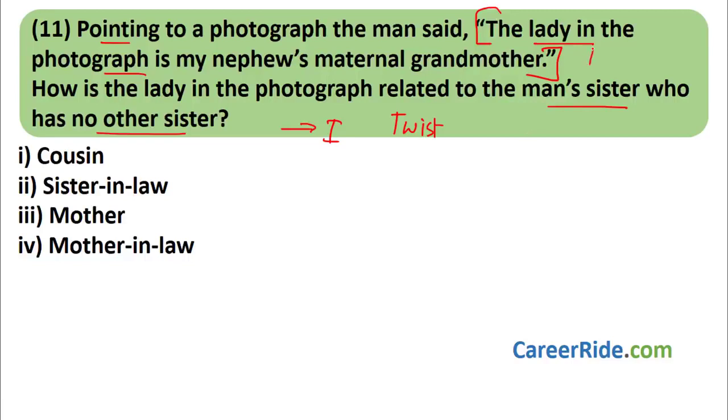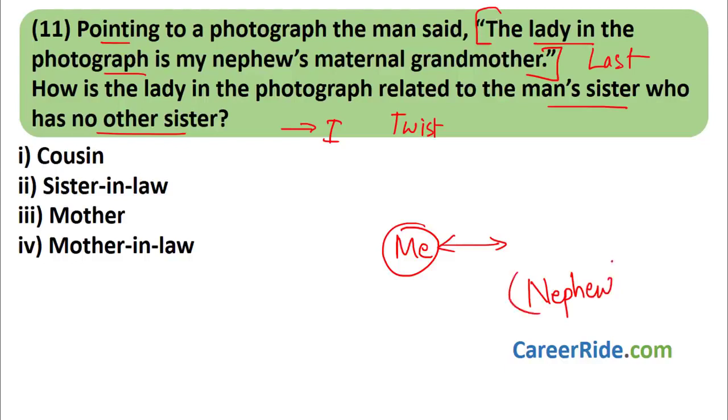What have they given? Let us trace from the last. My nephew's maternal grandmother. This is me, the man. Nephew means either my brother's son or my sister's son, that we do not know, okay. So we'll have a nephew over here.